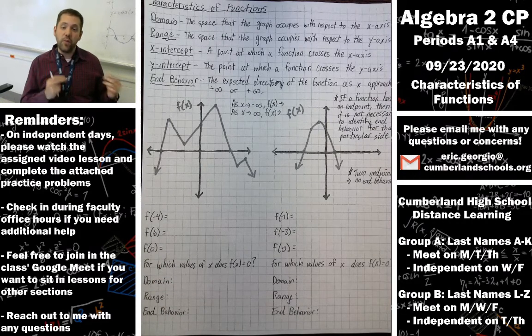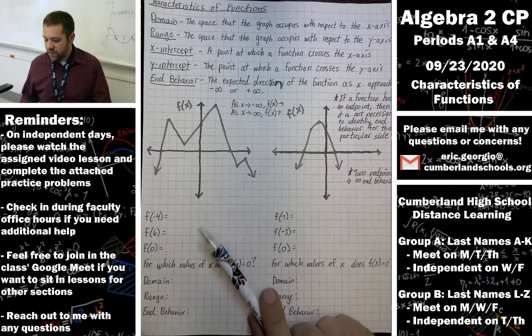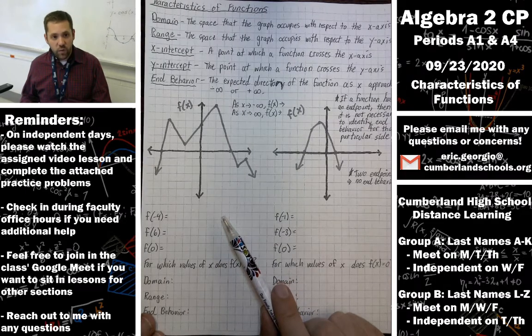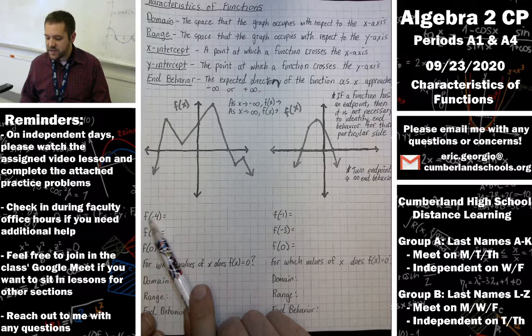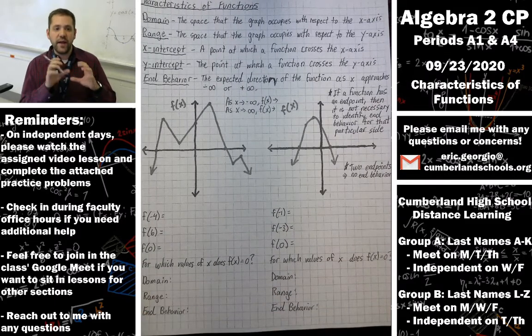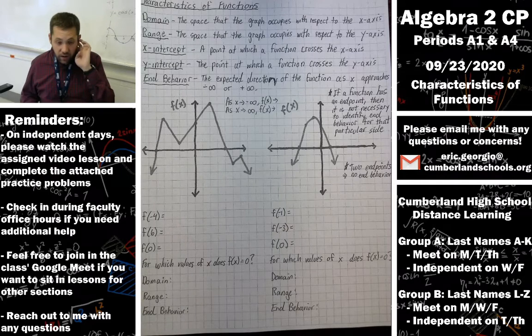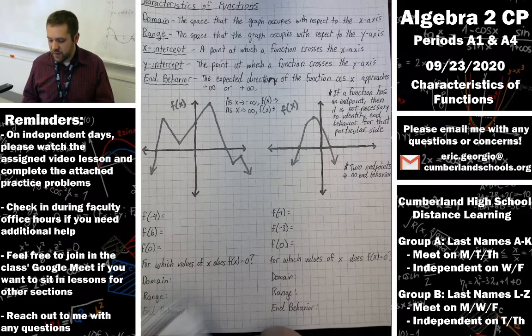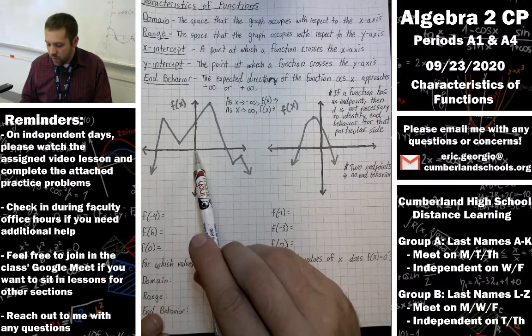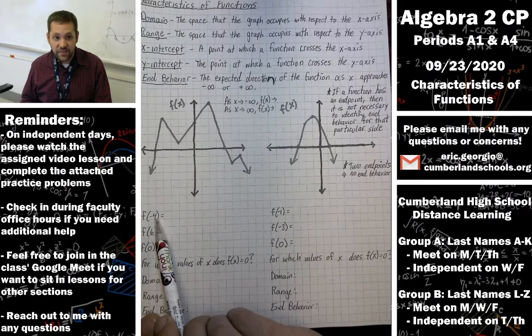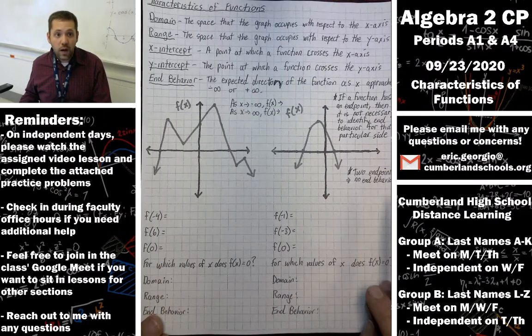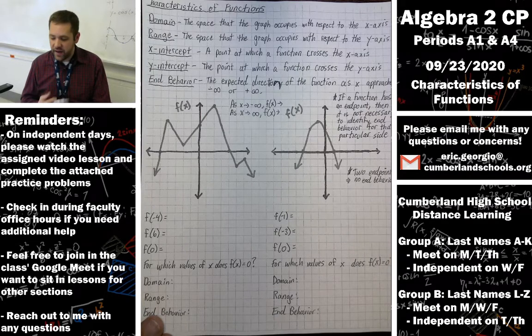And if you remember the point that I made previously, the value that we get would be the y coordinate that would match with this x coordinate, meaning that that would be a coordinate on the graph. That would be a point on the graph. Well, the same thing is true in reverse. If I'm trying to find f of -4, well, let's see. -4 would be my x value, and I'm trying to find out what y value pairs with that -4.